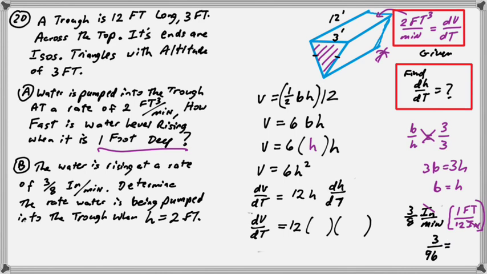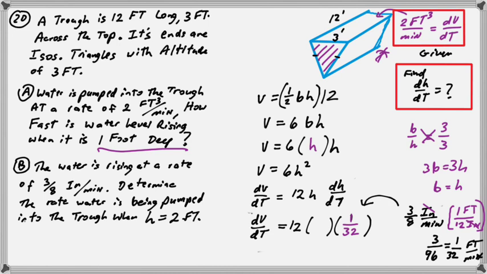And that simplifies, 3 goes into there, to 1/32. And that would be in feet per minute. So that's dH/dt now, because that tells you how fast the water is rising, right? So it's 1/32 that I'm going to put in here.